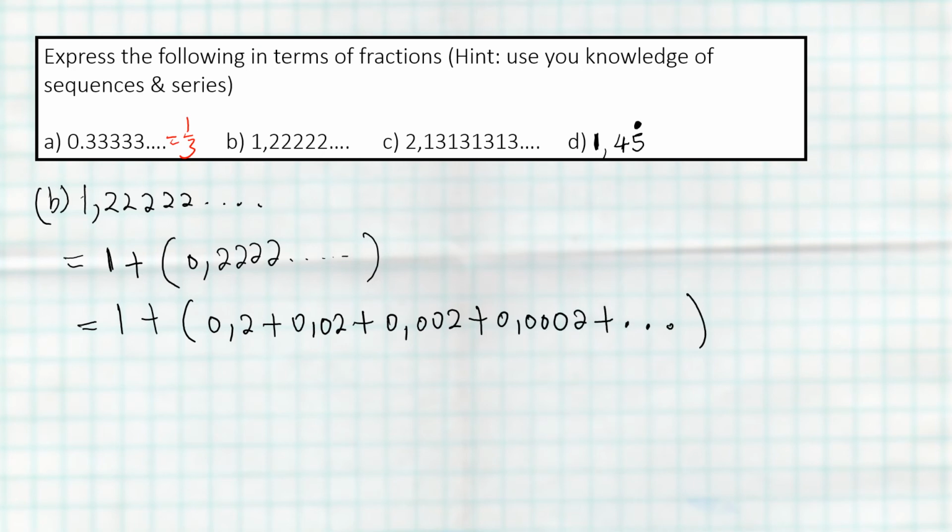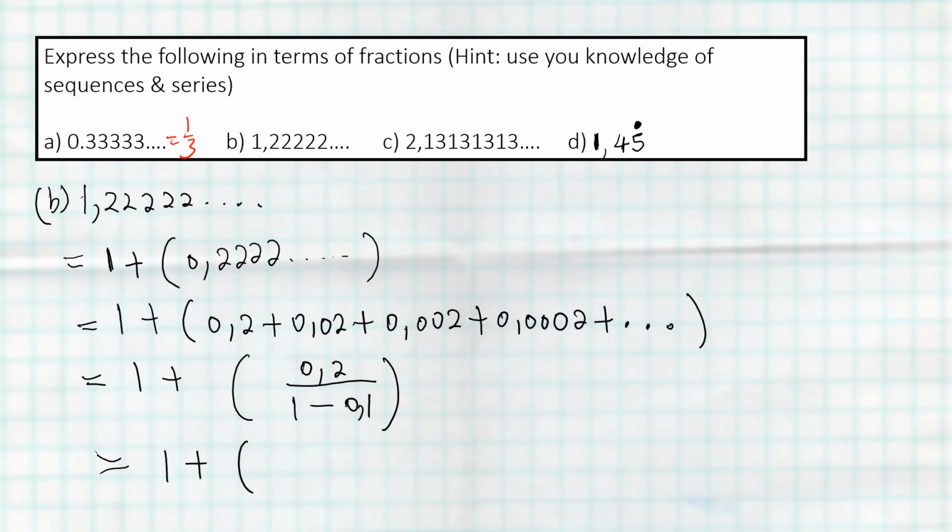Can you see? So then it's going to be 1 plus, here we can get the sum to infinity, with 0.2 as our a, over 1 minus r. What is our r? You take 0.02 divided by 0.2, it's giving me 1 over 10, which is 0.1. So I'm just going to punch the calculator and get the answer. For the sum, 0.2 over 1 minus 0.1, it's going to give me 2 over 9.